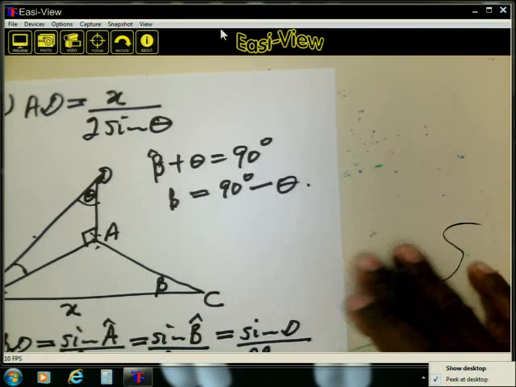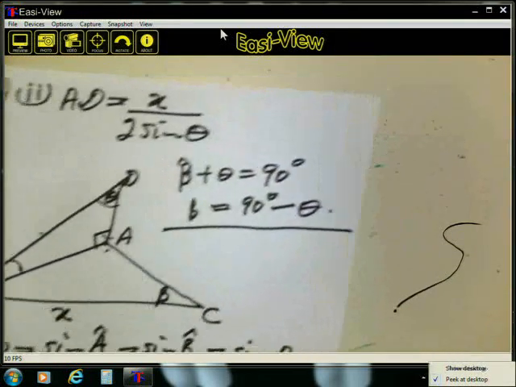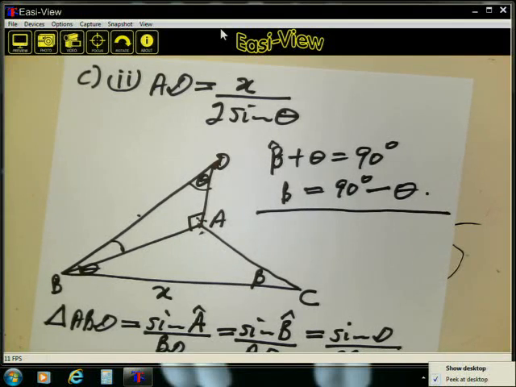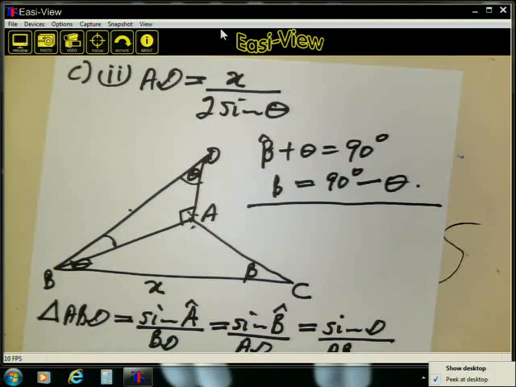But we did it last time that sine and cosine are co-ratios. Their angles must be complements if they are to be equal. So the sine of 90 minus theta is equal to the cosine of theta over AD. That is equal to the sine of theta over AB.